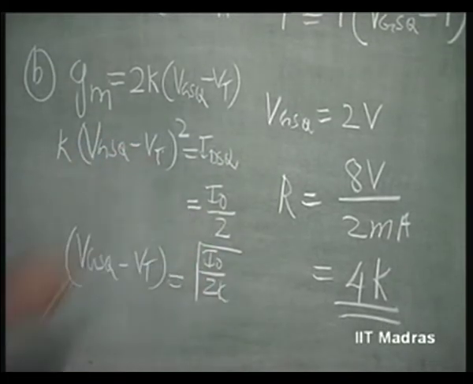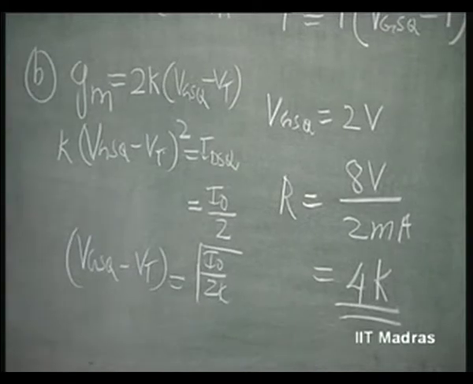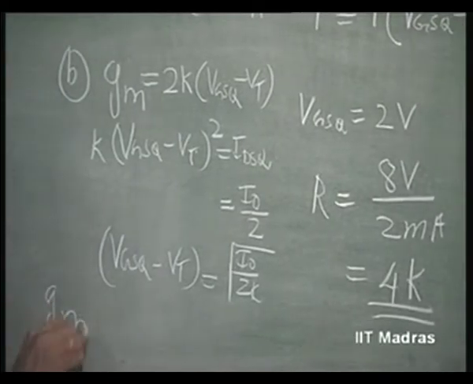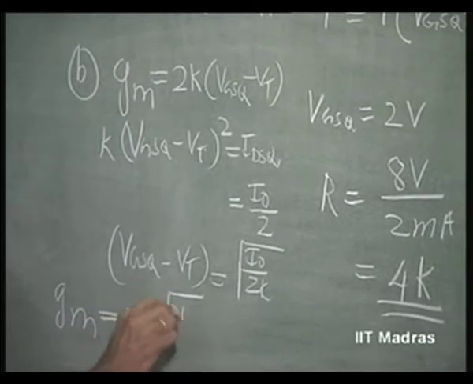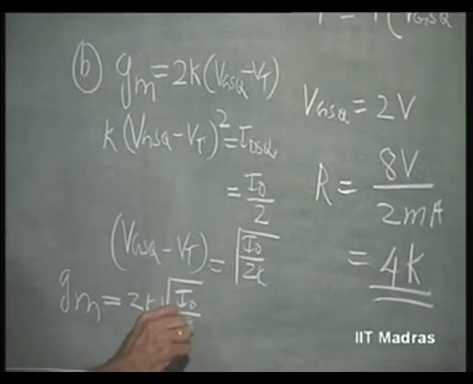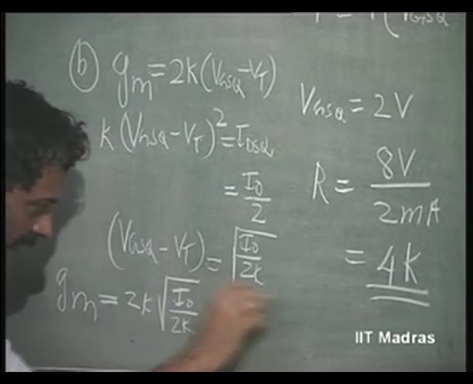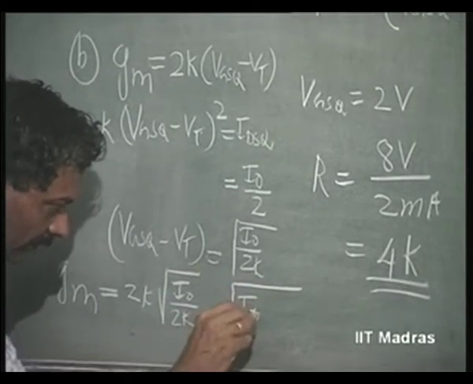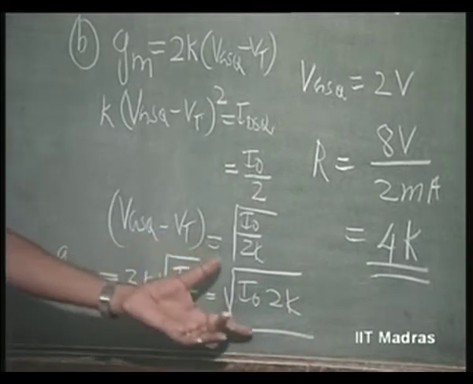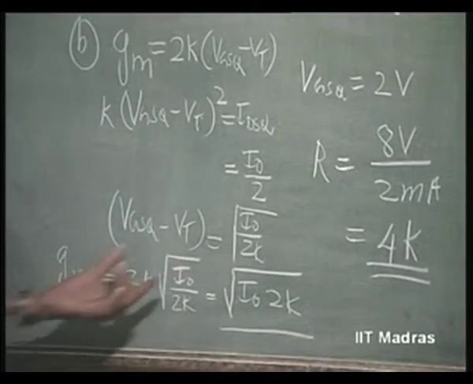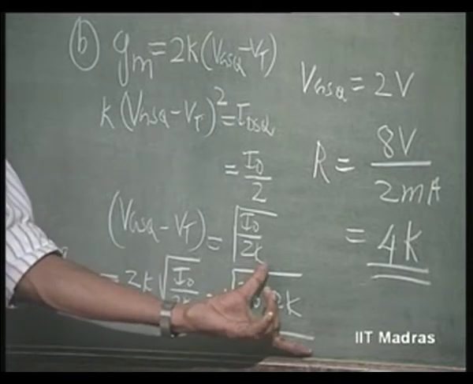Therefore, gm of the differential amplifier is equal to 2K into root of I naught by 2K, which is equal to root of I naught into 2K. This earlier also I have mentioned.